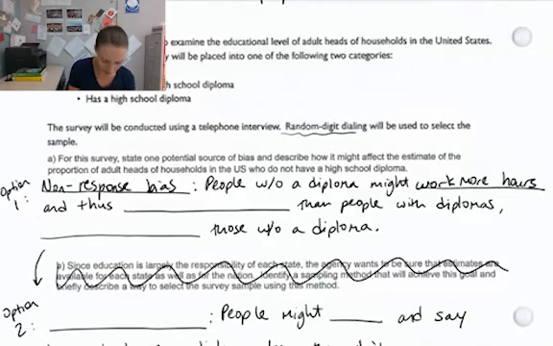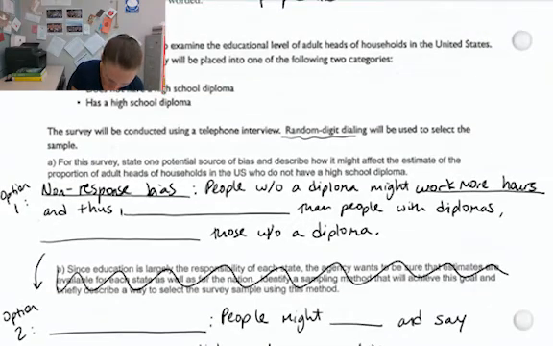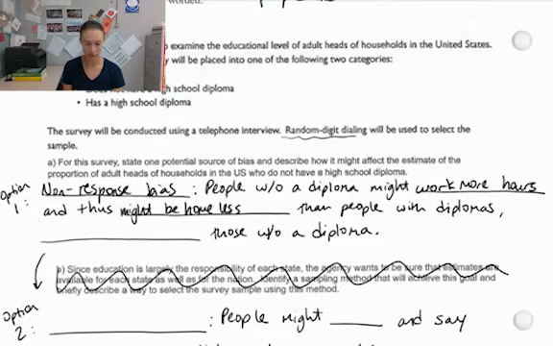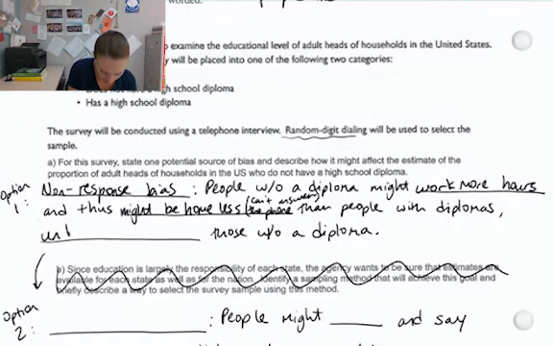And if they're working more hours, they thus might be home less than people with diplomas, so they can't answer the phone. In this case, and we always want to say if it's under or overestimating which part of the population, for those without a diploma, it would be underestimating.